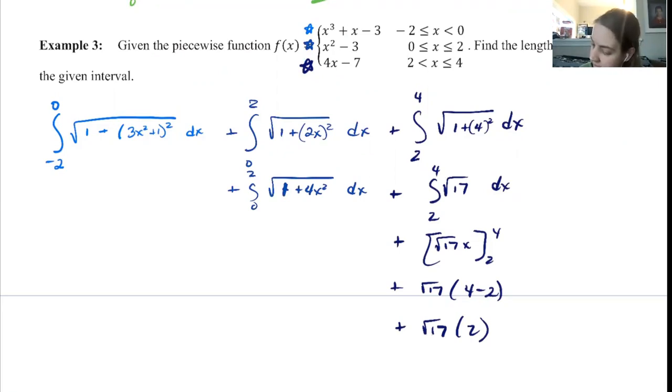Math 9, 1 plus 4x squared, comma, x, comma, 0, comma, 2. I've got 12.6 repeating. So 12.6. All right, and finally, this one in the beginning.